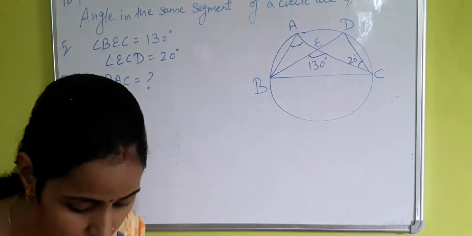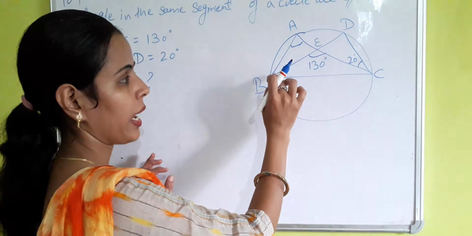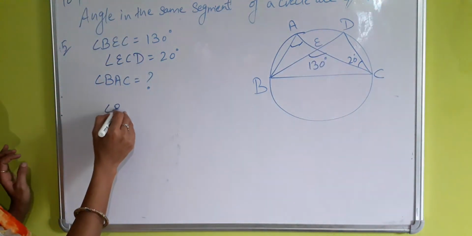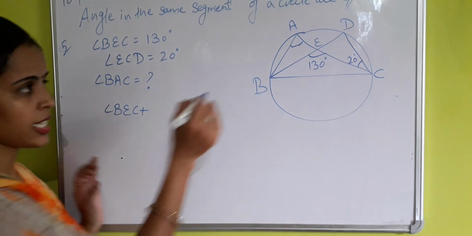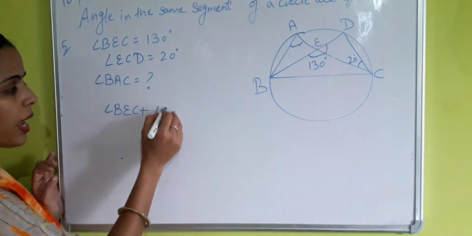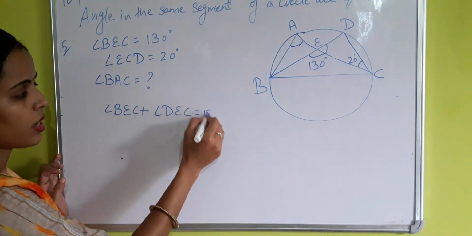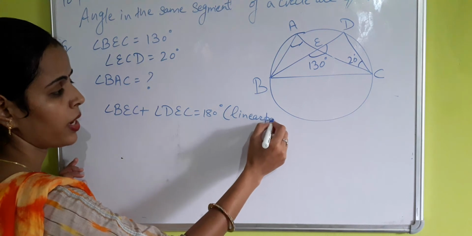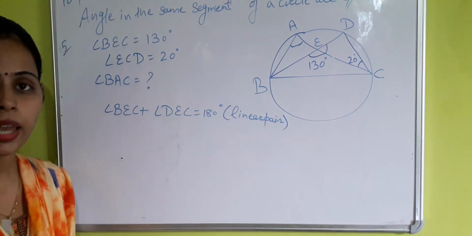Now these two angles, angle BEC plus angle DEC, is equal to 180 degrees. Why? Linear pair, or we can say straight angle.